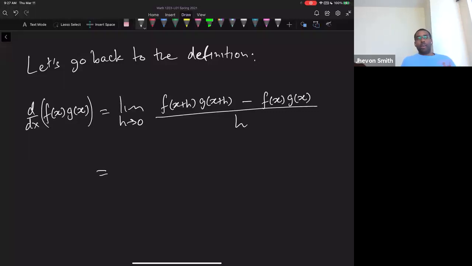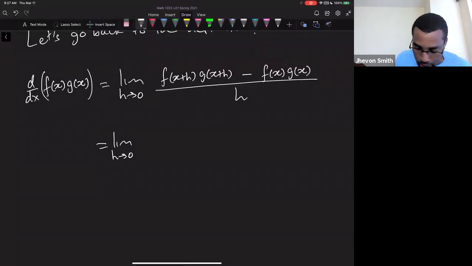Now, sometimes you add and subtract something convenient to be able to rewrite things in a nice way. It turns out you can do that here.